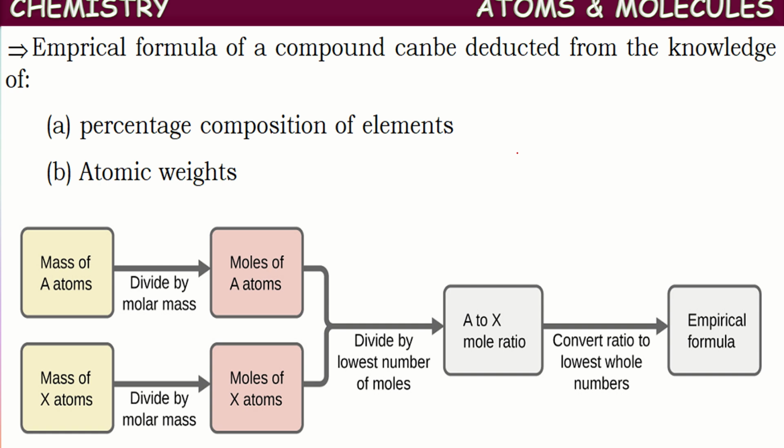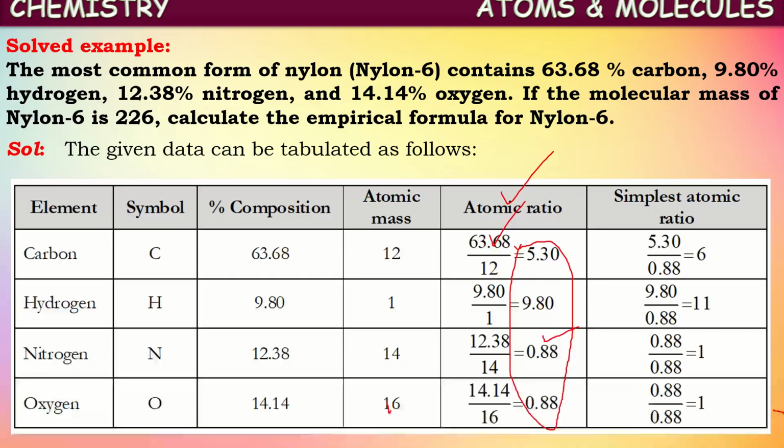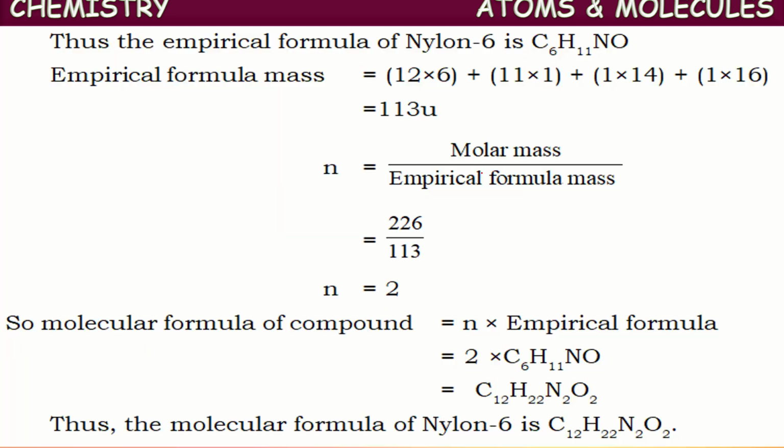We consider the least ratio and again divide all the atomic ratios by the least ratio value, which gives the simplest atomic ratios. Those simplest atomic ratio numbers we keep as subscript numbers to each element, which gives the empirical formula.